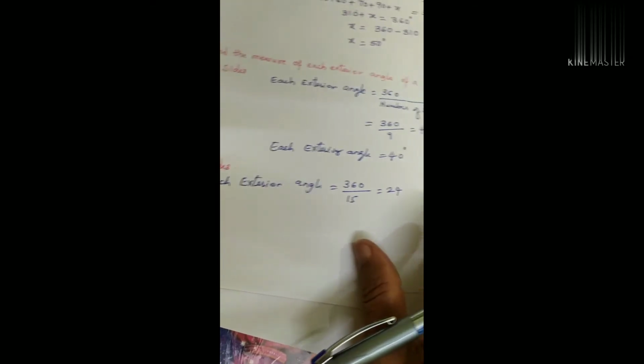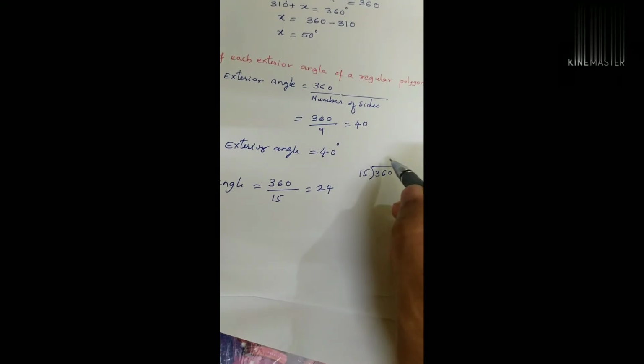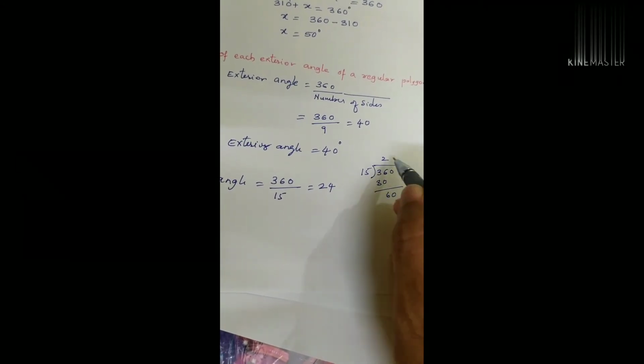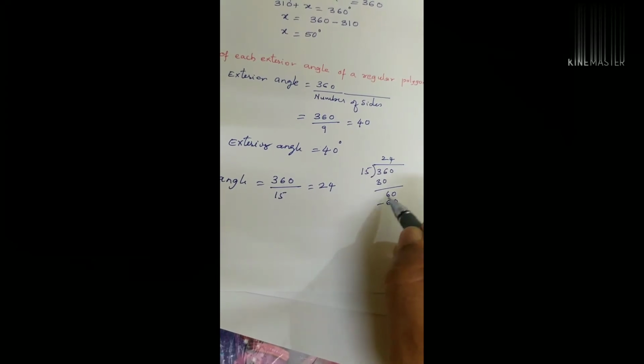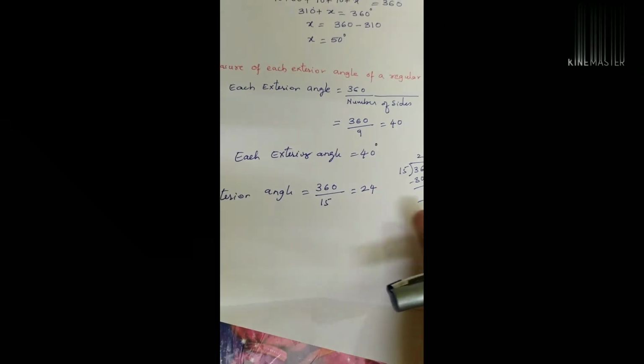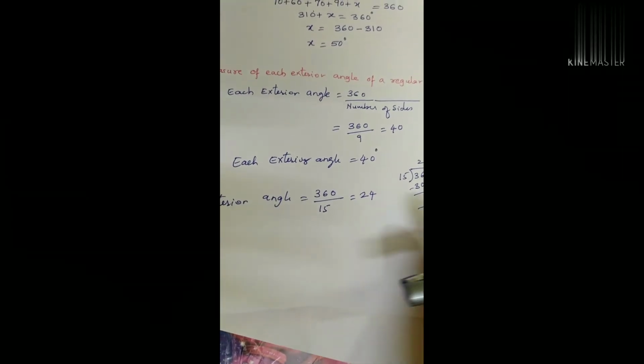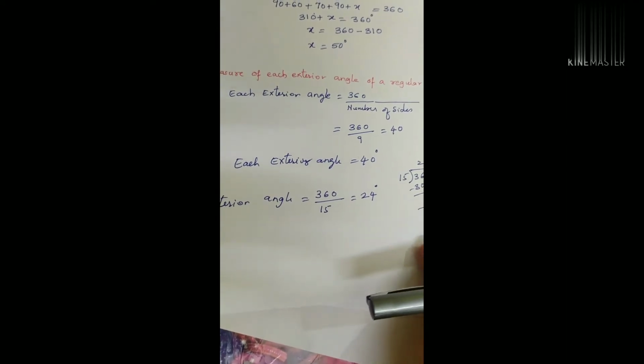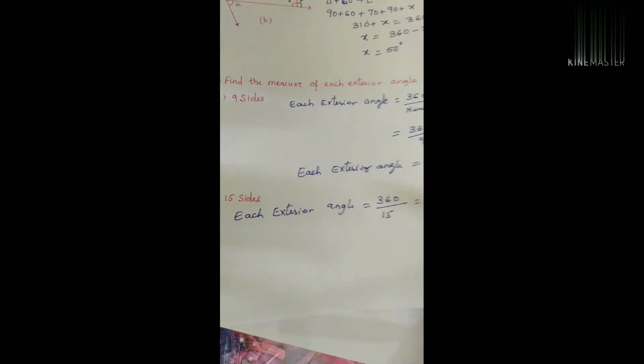So we can divide, there is no problem. 360 and this 15. So 15 to the 30, this is 60 and 15 for the 60. So we see the exterior angle is 24 degrees. 24 into 15 is 360.